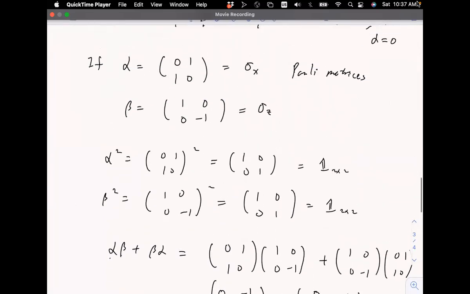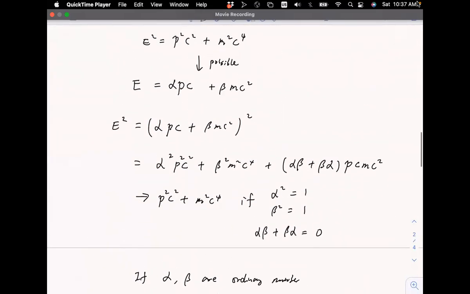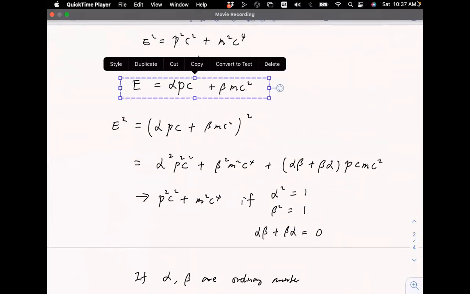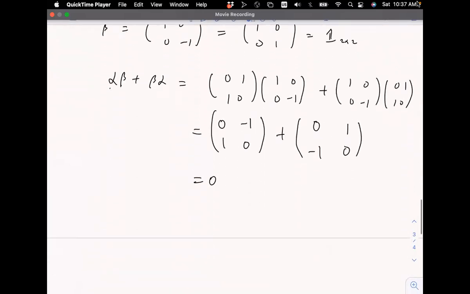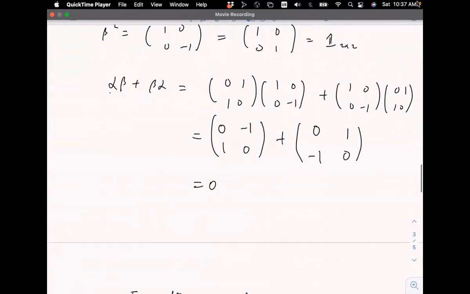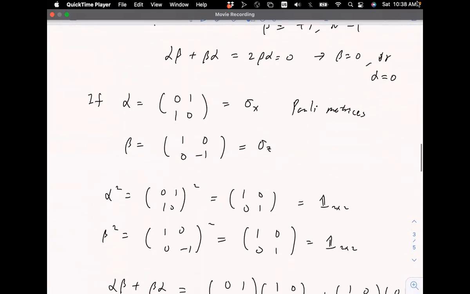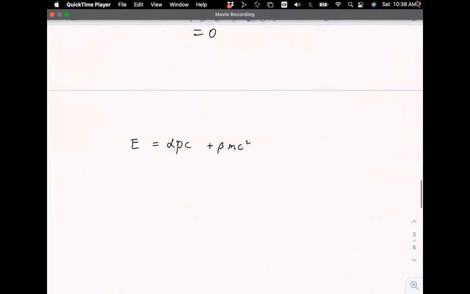So if you put this matrix into this, from there you get a Hamiltonian that is 0, 1, 1, 0 PC plus 1, -1.